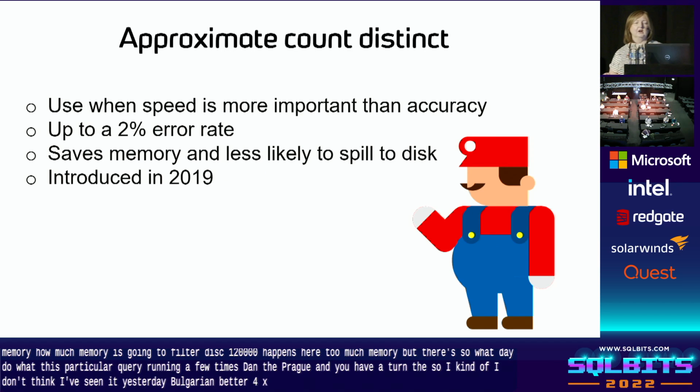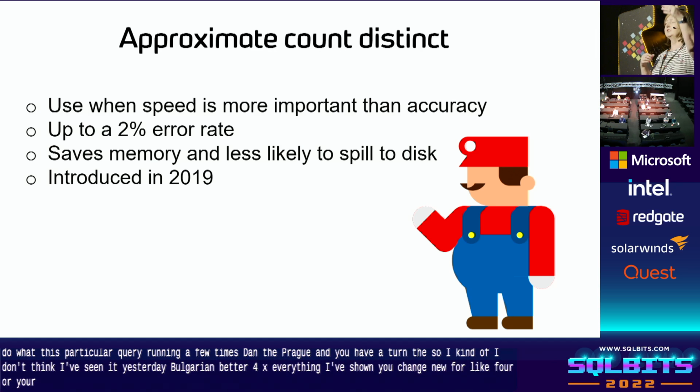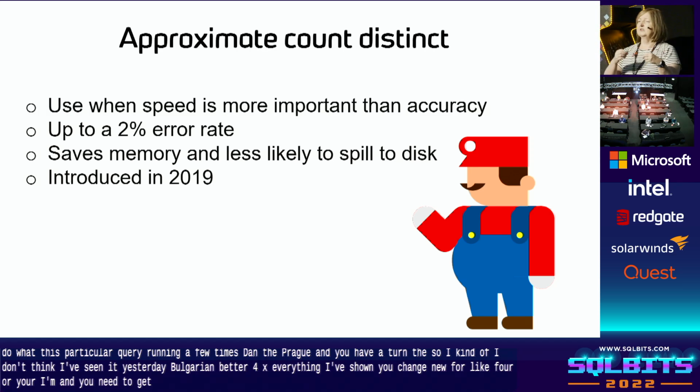So this is another one, and this one is kind of different. Everything I've shown you so far, you really didn't need any changes to your code to take advantage of. This one is a new function. Let's say you're monitoring data coming in from machinery on a factory floor, or log files from something, and you need to get a count very quickly, but you don't care if it's accurate because it's changing very fast.